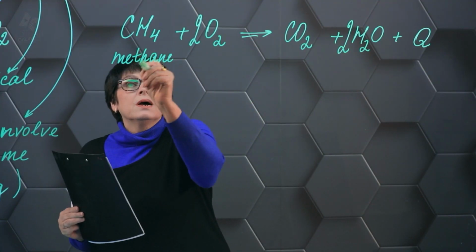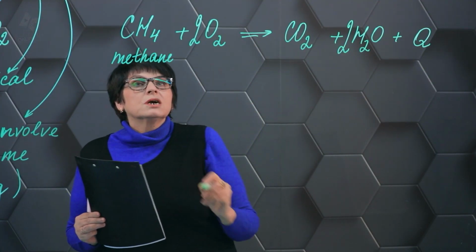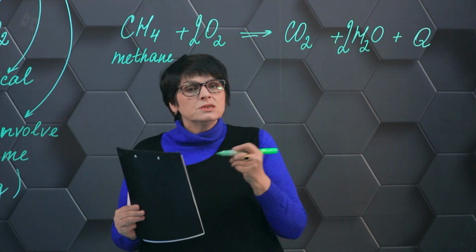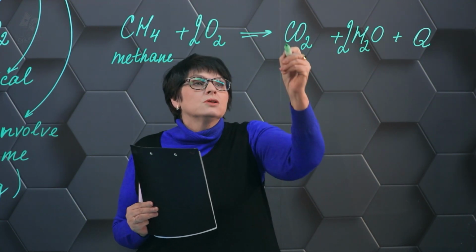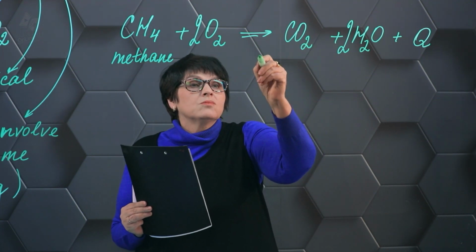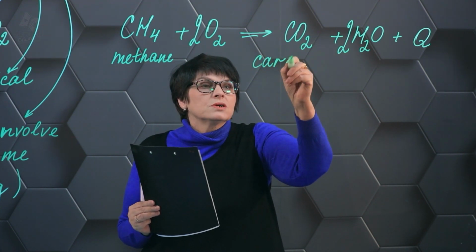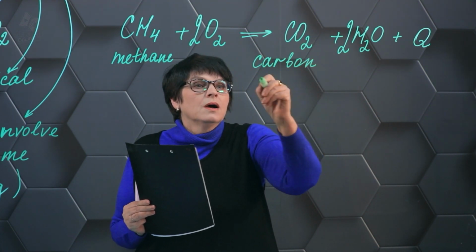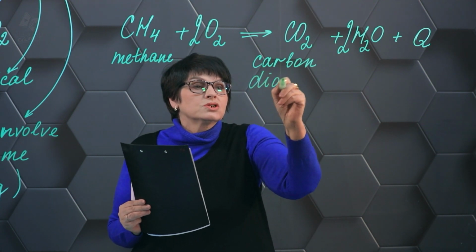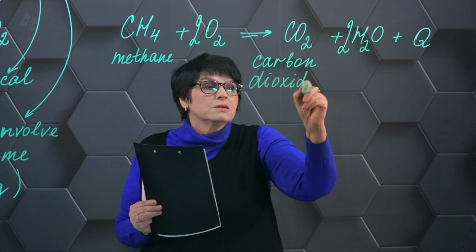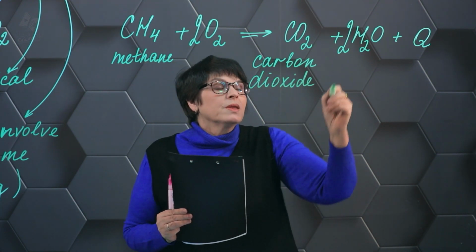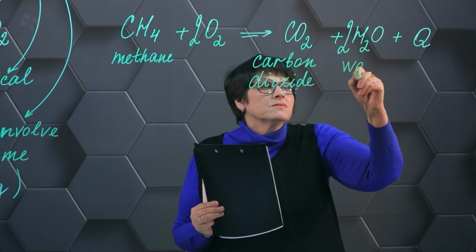I would like to point out that the stuff we're burning is made up of carbon and hydrogen, so the products of the reaction will always be carbon dioxide and water. Carbon dioxide is obligatory in complete combustion, and secondly, water is obligatory.